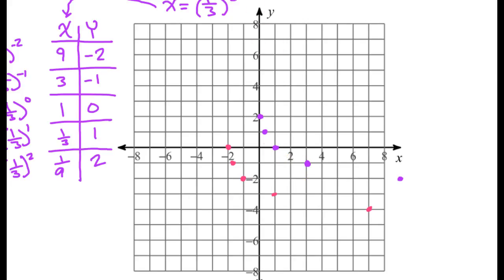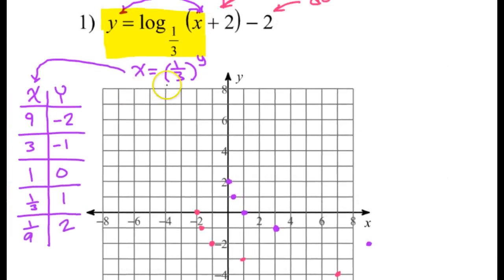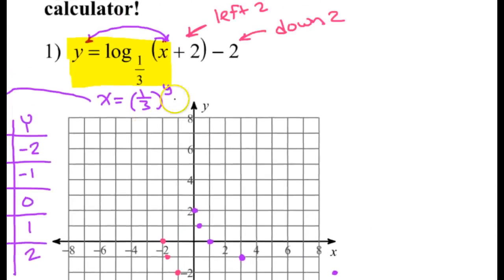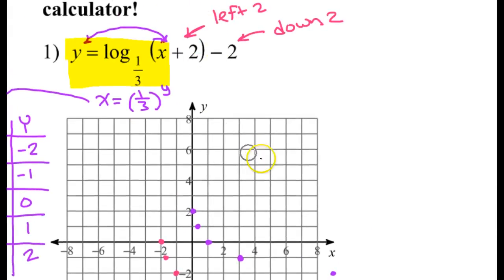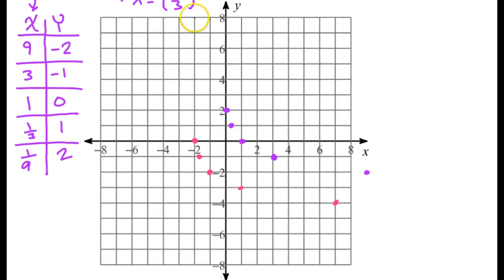The y-axis was the asymptote. All right, logarithmic functions have vertical asymptotes. Because of the left 2, the vertical asymptote will have shifted to the left 2. So my new vertical asymptote will be here at x equals -2. Okay?